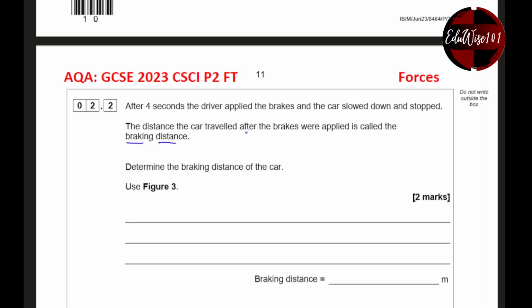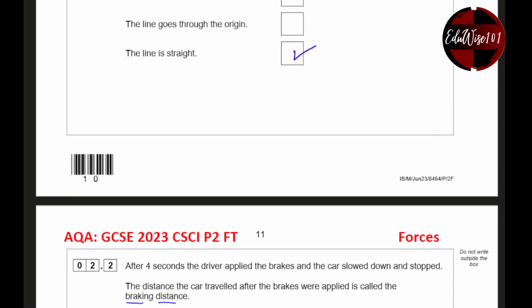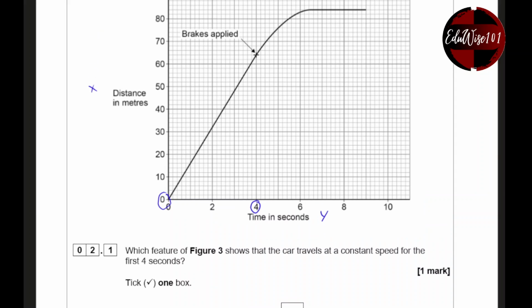The distance the car traveled after the brakes were applied is called the braking distance. So after the brakes were applied over here, the distance the car traveled between 4 to 9 seconds is called the braking distance.